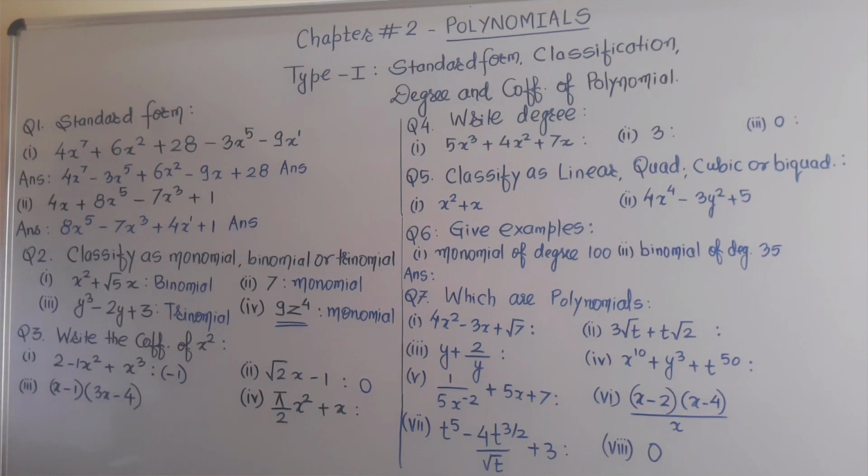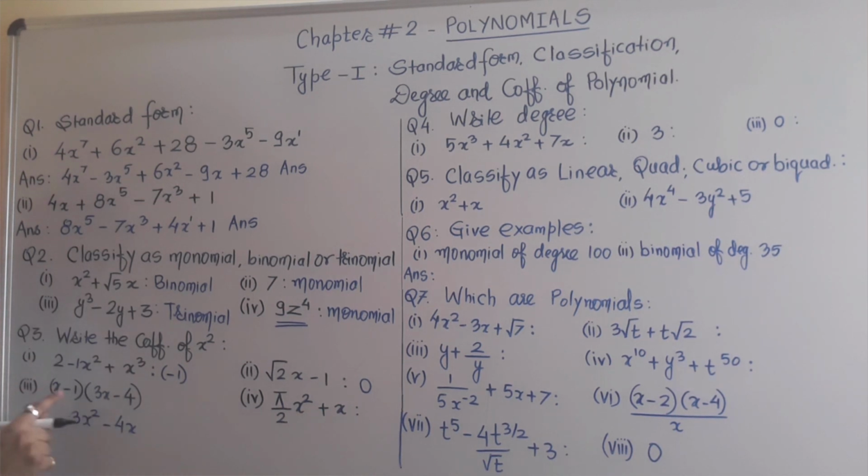Observe the third part. In the third part, the term is not given to us in simplified form. So first of all, I will multiply both the brackets and then later find the coefficient. First, x will multiply into 3x minus 4. So x multiplied into 3x becomes 3x square. x multiplied into minus 4 becomes minus 4x.